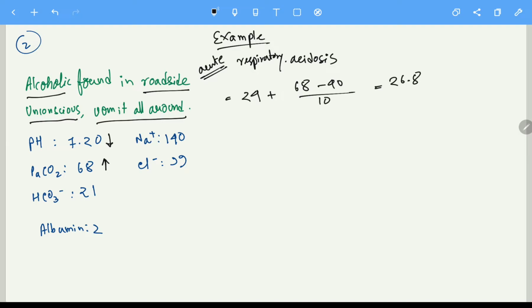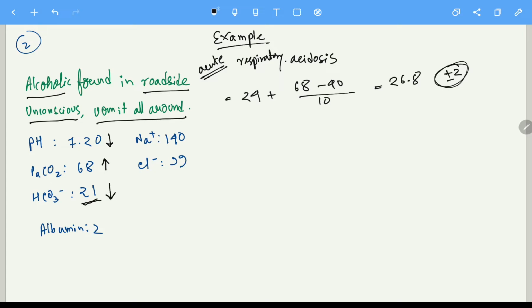So 26.8 should be the bicarbonate, but the bicarbonate is 21. The difference is like 6 or 7, and the acceptable range is plus or minus 2, so it is more than that. So there is not just compensation, but the bicarbonate is extra low.